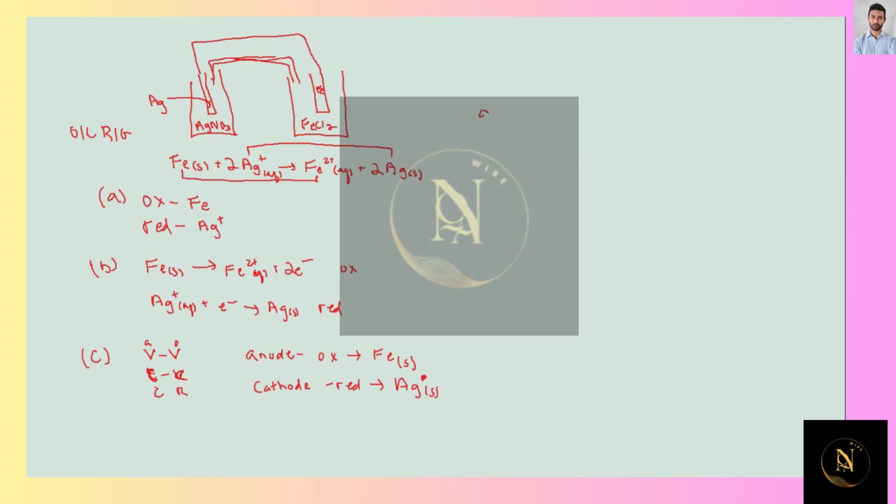Question D asks us to indicate the signs of the electrodes. Our iron is acting as our anode, and our silver is acting as our cathode. Electrons always flow from the anode to the cathode.